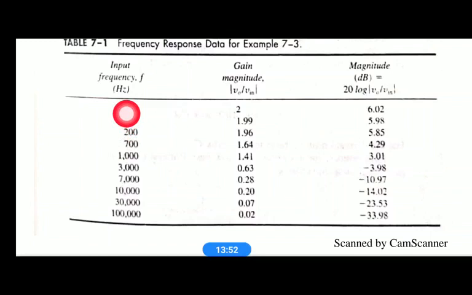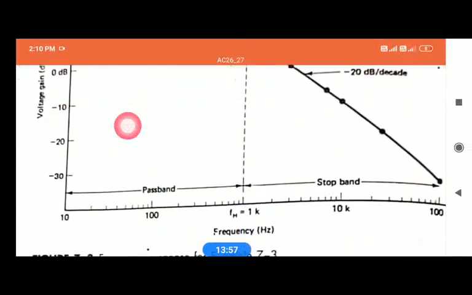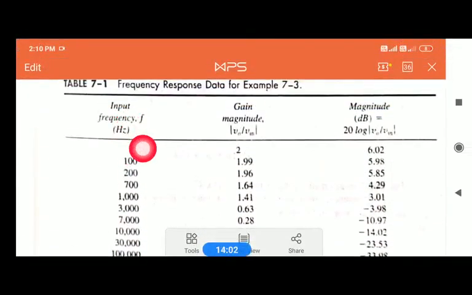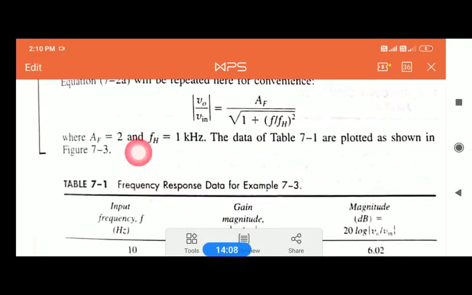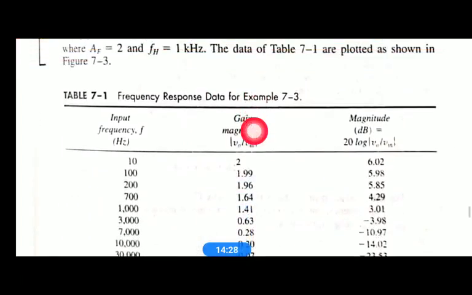You can see, if you use any frequency f, say f equal to 10, and substitute in this equation with fH equal to 1 kilohertz and AF equal to 2, as we saw in example 7.1, then substituting f as 10 hertz and AF as 2 and calculating, you will get 2 here.